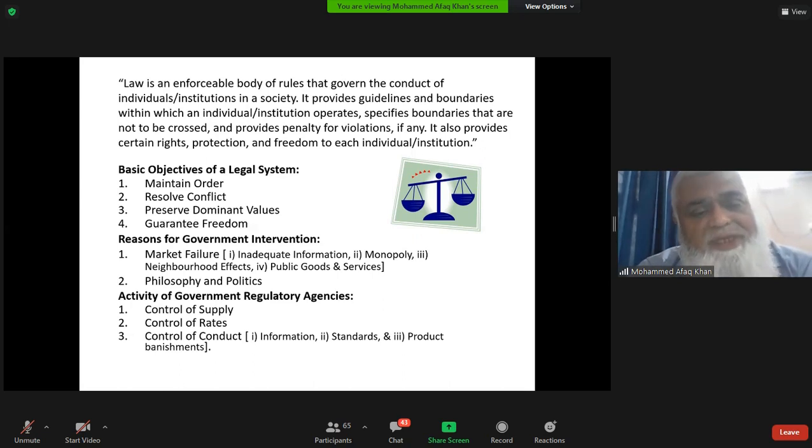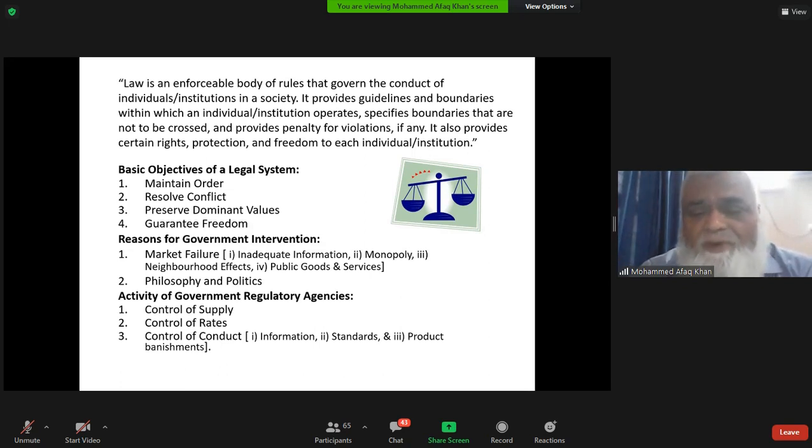Then we come to the reasons for government intervention. First is market failure. This is because of inadequate information. Why does this happen? Because consumers sometimes get cheated by the acts of companies or organizations which are selling certain products or services.